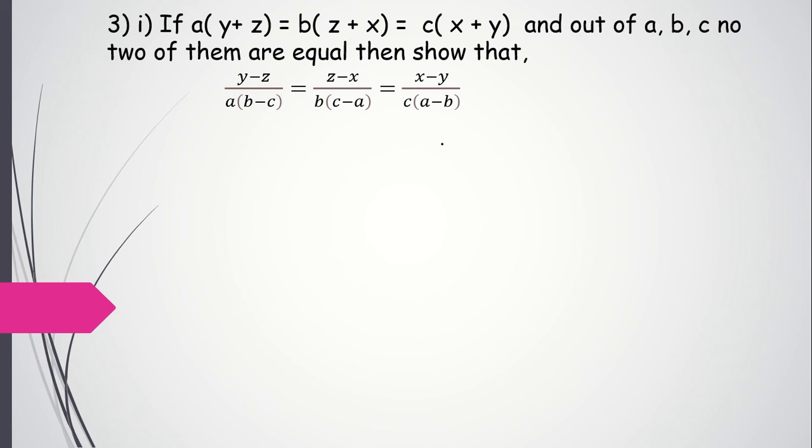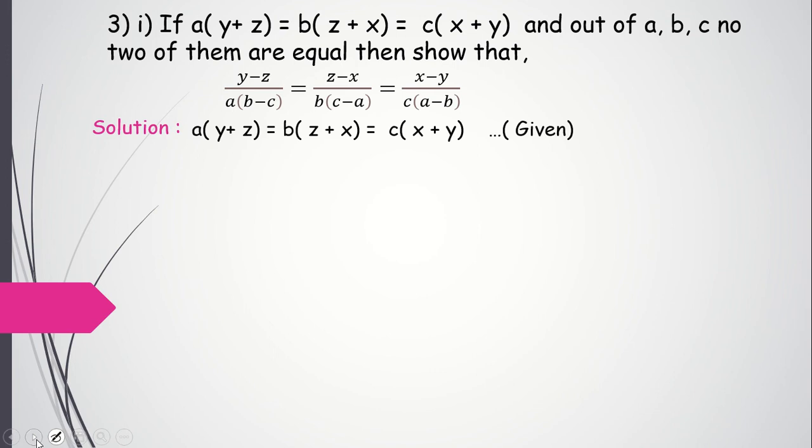So how do we do that? Let's see. Start with what is given to us. A into y plus z is equal to b into z plus x is equal to c into x plus y. This is what is given. Now, to prove that, what do we have to do?